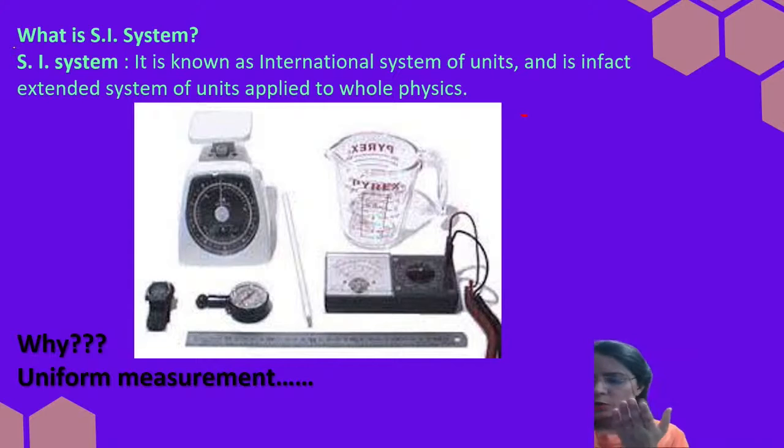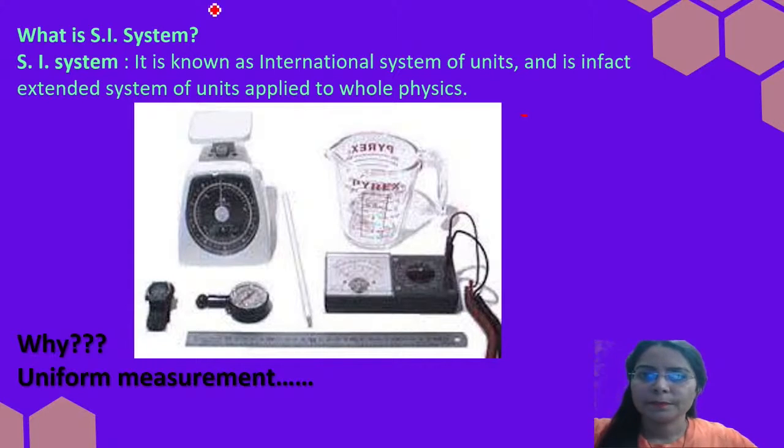Suppose we talk about 1 foot, I think you all know that, foot being the singular term. So I can say 1 foot is almost equal to 12 inches. That's the first difficulty of calculation.